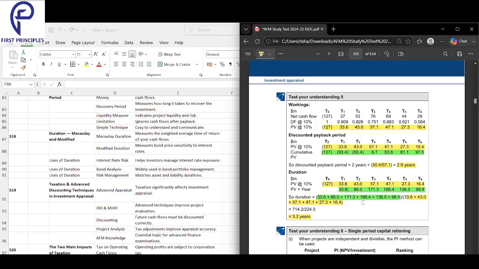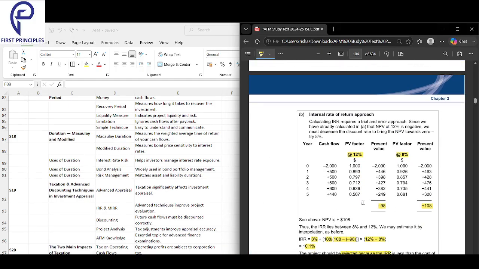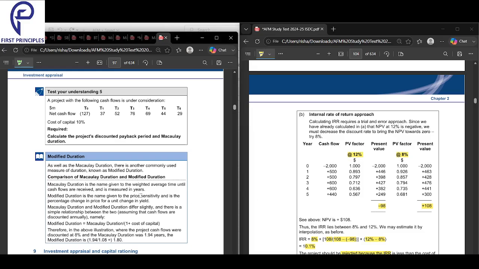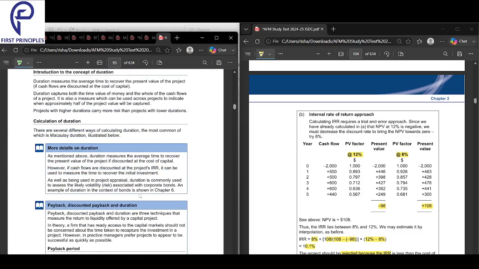So just take the formula here. What is your weighted average time to receive your cash flows?